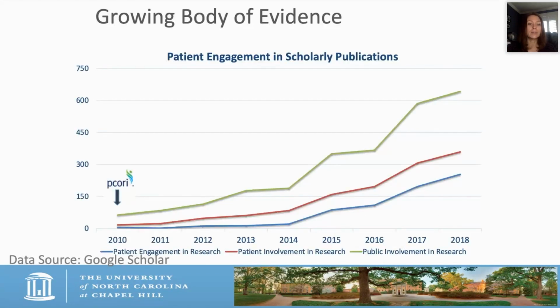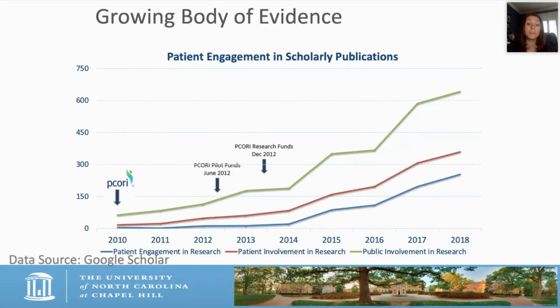But until the Patient-Centered Outcomes Research Institute, which is a funding agency in the US, came aboard in 2010, you really didn't see a lot of patient engagement in research. You can see this is scholarly publications. In 2010, there were very, very few.